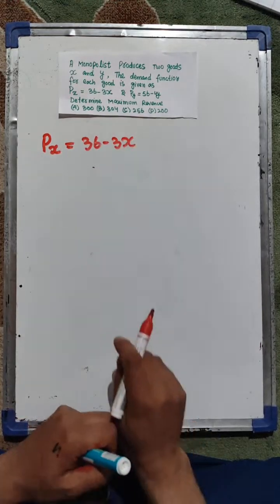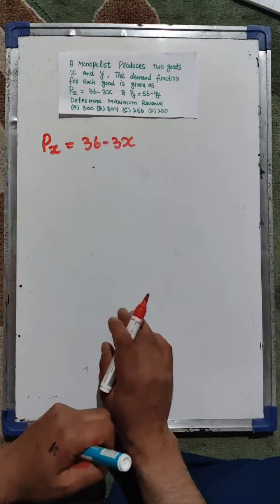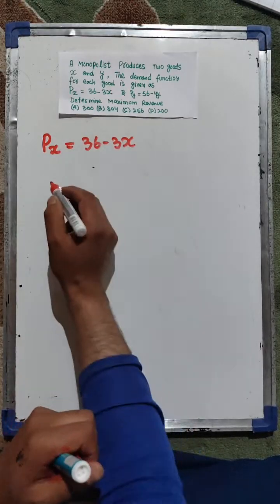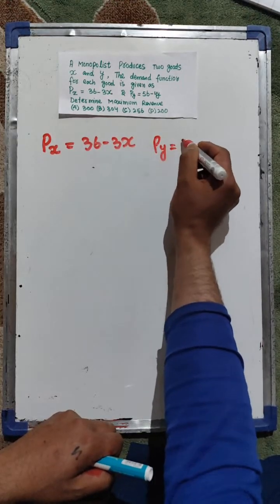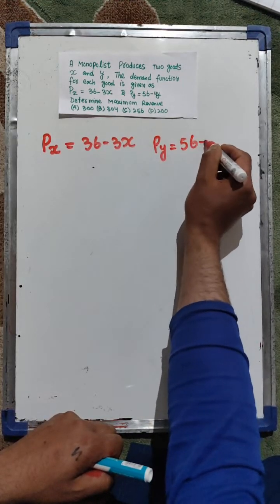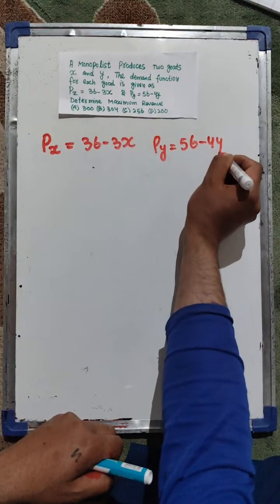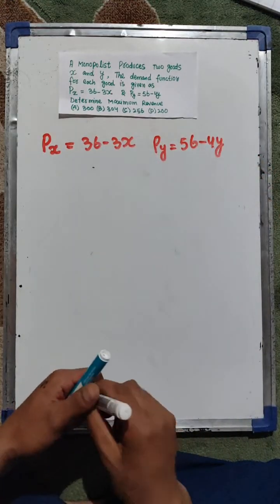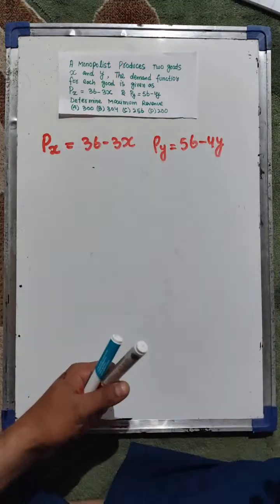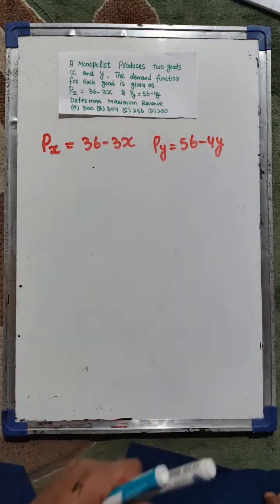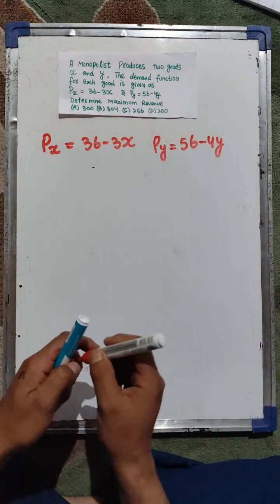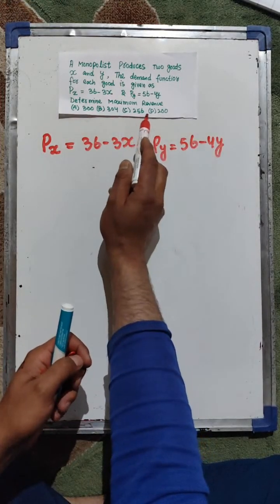This is one demand function for the monopolist, and we have another demand function, that is price of Y is equal to 56 minus 4Y. We need to find out the maximum revenue that this monopolist will get. Options are given as 300, 304, 256, and 200.